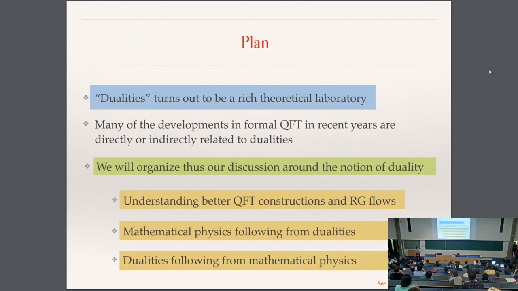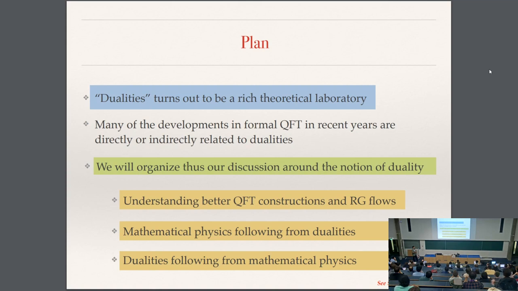So dualities turn out to be a very rich theoretical laboratory, and that is the reason why I will center the discussion around dualities. Many of the developments in formal QFT in recent years are directly or indirectly related to dualities, and this is also, subjectively, the way that I like to present or think about the subject.